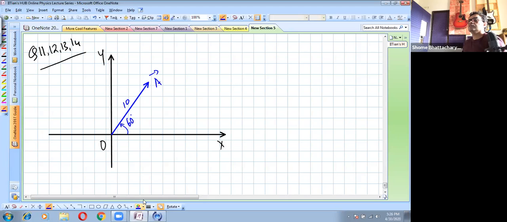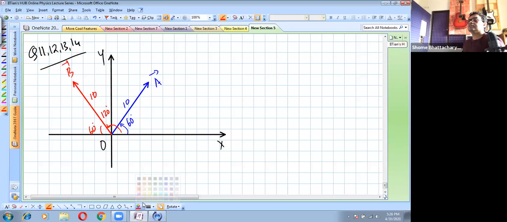The vector B is kind of like a mirror image of it. You realize, take the y-axis like a plane mirror. It's like a mirror image of it, with its magnitude being the same, and this angle being 60. So also be mindful of the fact that that means this angle is 120.